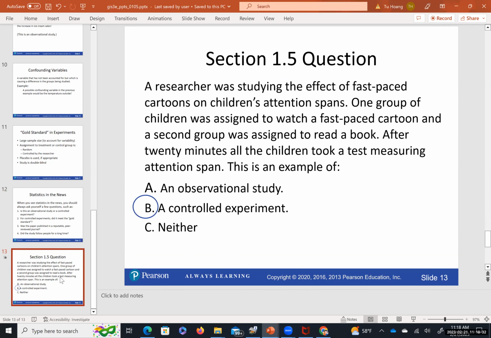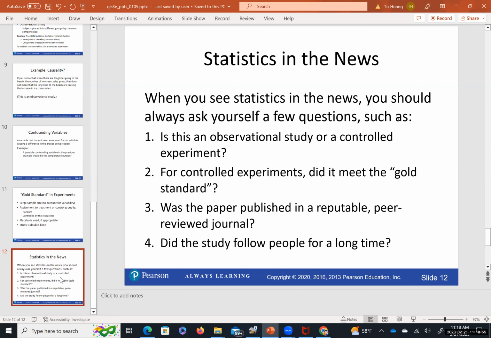So the last question, the last one for the last slide for this session is about a question. So a researcher was studying the effect of fast-paced cartoons on children's attention span. Okay, so let's see.